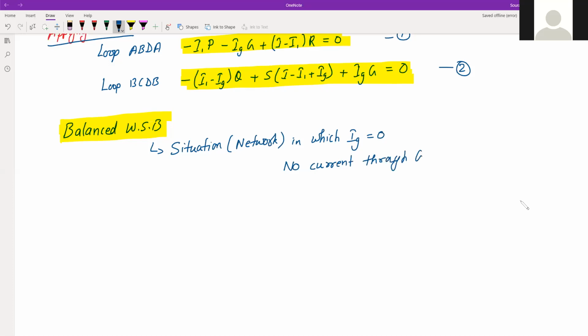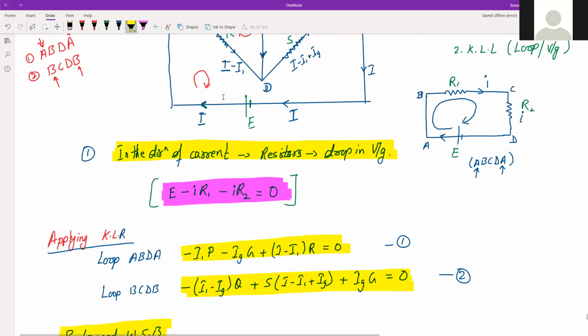through the galvanometer. This is something which you will be doing in your practical labs. So there won't be any current through the galvanometer. How do we do that? There will be some variable resistance in one of the sections.